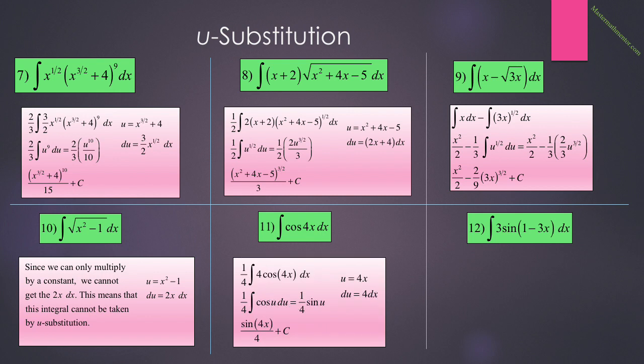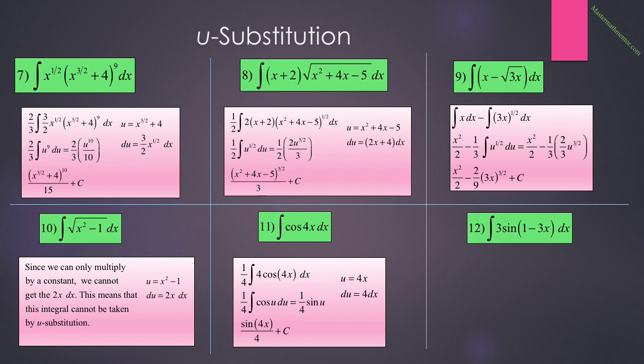Number 11 reads the integral of cosine of 4x dx. Sometimes it's helpful to put a parenthesis around the 4x. U in this case will be 4x and du will be 4 dx. So we can create what we need by putting a 4 on the inside and a 1/4 on the outside.